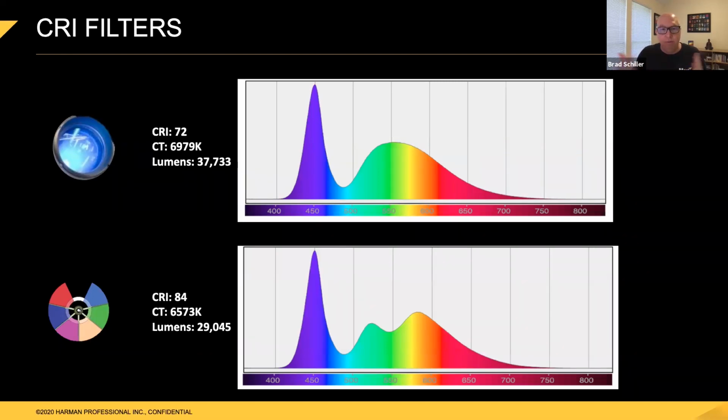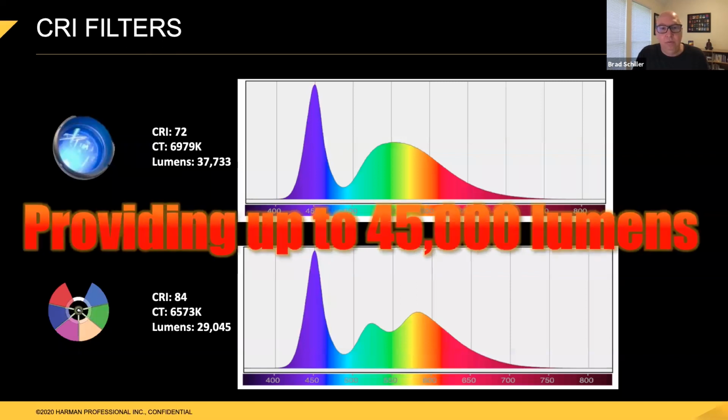They tell you in the photometrics the fixture's brightest output is 38,000 lumens, or 37,733. Great. But the marketing web page that you use to click on the photometrics, and their advertising literature, actually says providing up to 45,000 lumens. But their very own photometrics says that this fixture is 38,000-ish lumens.